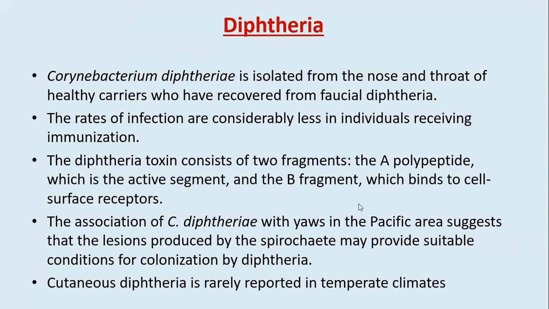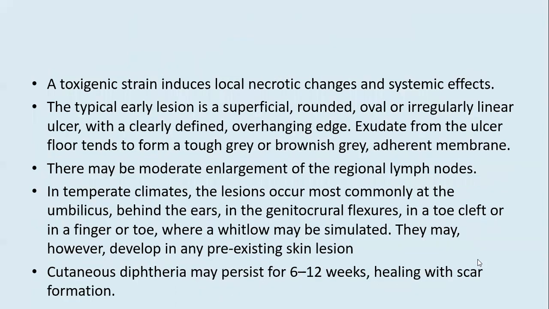An important feature of this Corynebacterium diphtheriae is its association with yaws, which is a spirochetal infection common in the Pacific region. And cutaneous diphtheria is rarely reported in temperate climates.